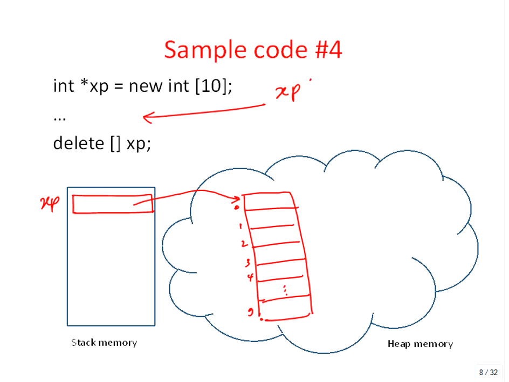So you can say XP of 4 equal to 100. XP, whatever address it's pointing to, the fourth location is going to be 100. As simple as that. It's just like a regular array, it just happens to be a dynamic array because we are using new and all that stuff.